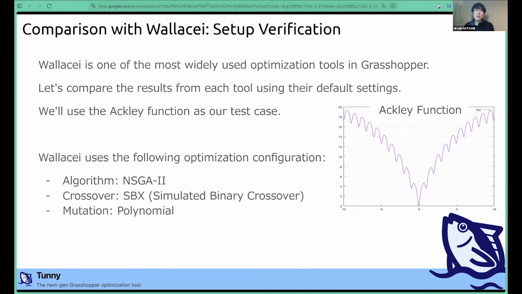Wolf is one of the most widely used optimization tools in Grasshopper. Let's compare the results from each tool using their default settings. I will use the Ackley function as this test case. Wolf uses the following optimization configuration: NSGA-II and SBX, simulated binary crossover, and polynomial mutations.